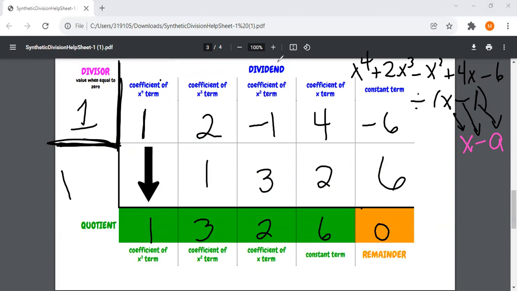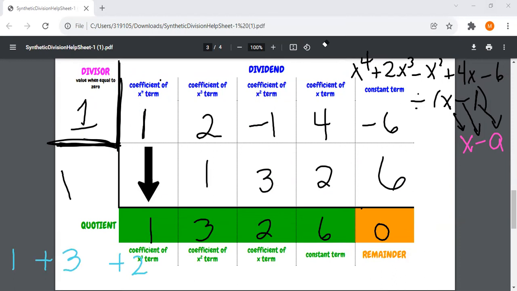When it comes to writing my answer, what I do is I write down all my factors. So all of these are positive numbers, right? So they're all going to be a plus. So we have 1 plus 3 plus 2.